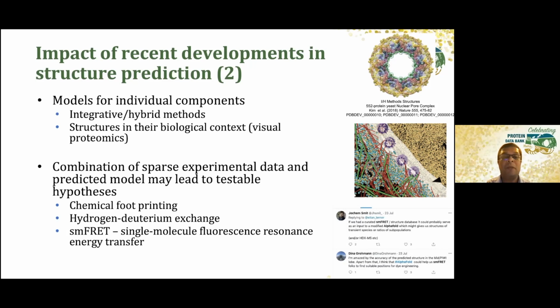And we just saw the paper from Jan Kosinski's group come out recently in Science, where they have solved the structure of the nuclear pore, doubling the number of components for which we have an atomic resolution model. And not just that, this might also result in use of a combination of sparse experimental data and predicted model to understand biology and create some testable hypotheses. So it might be something as simple as having the model alongside maybe chemical footprinting data or hydrogen deuterium exchange.